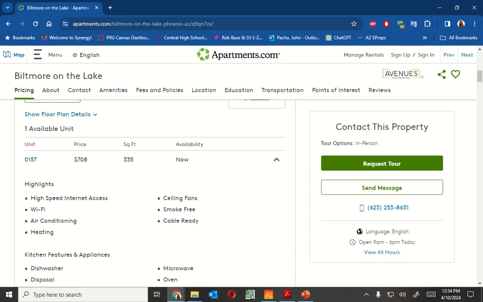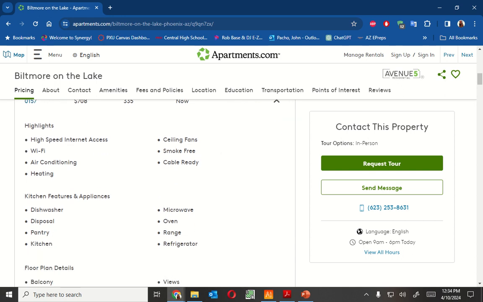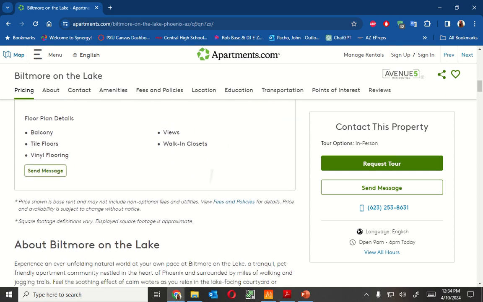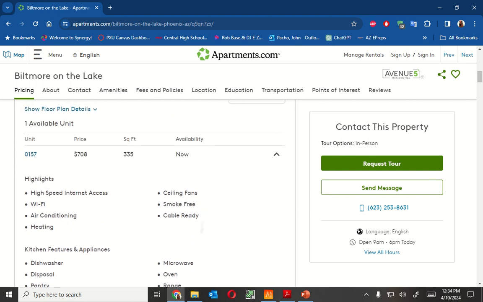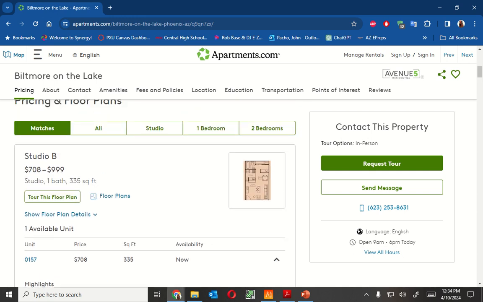Internet, ceiling fan, smoke, all this other stuff. Here, views, right there. Does it say electricity is included on this one? No, it doesn't. The other one, nothing was available, so you couldn't see it. So now that we have one apartment available, it is $708 a month and 335 square foot.